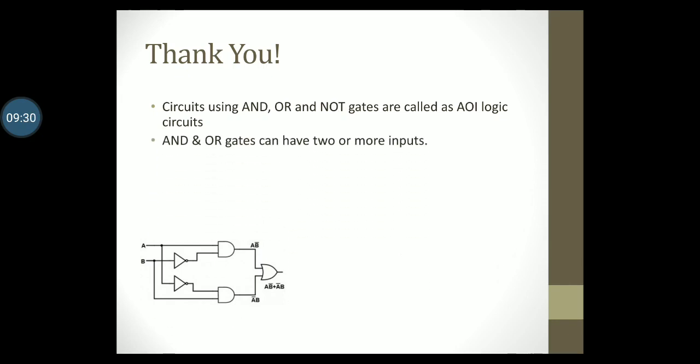Remember that AND and OR gates can have two or more inputs. For example, if you have an AND gate with 3 inputs, then the output of this gate will be 1 if and only if all its inputs are 1. If any of the 3 inputs is 0, the output will be 0.